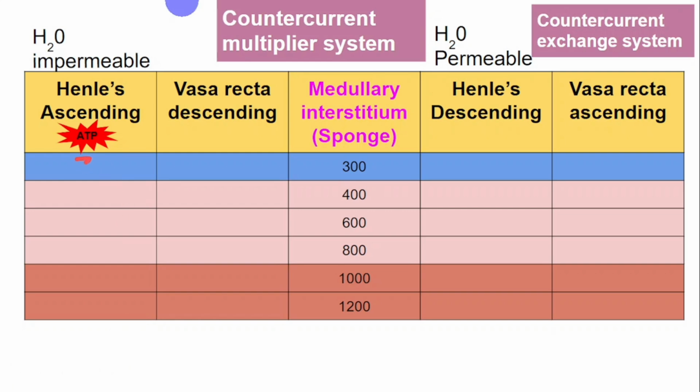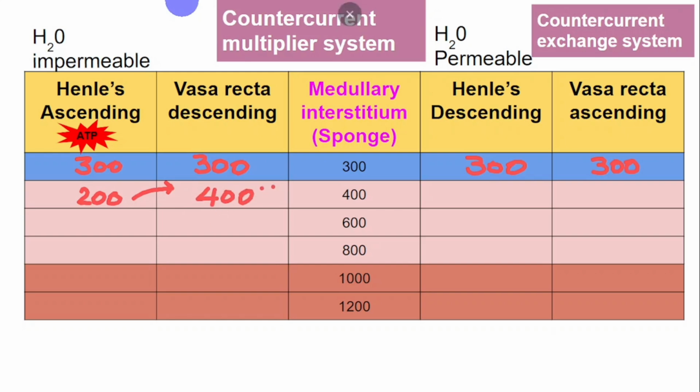So in the beginning, the solute concentration everywhere will be 300 milliosmoles. Then the ascending limb of Henle uses ATP and pumps out ions from the tubule. So these ions enter in the descending limb of Vasa recta, increasing the concentration.